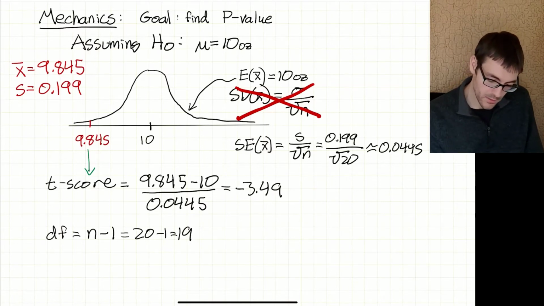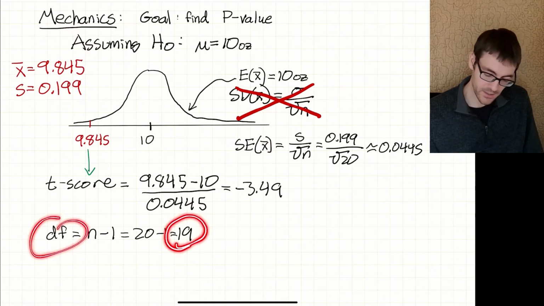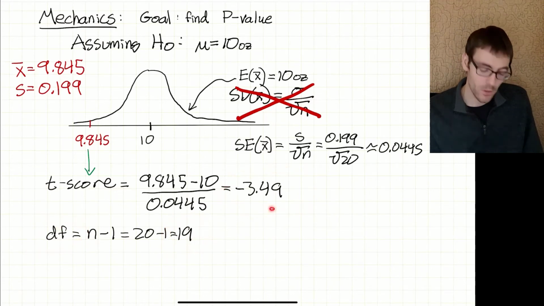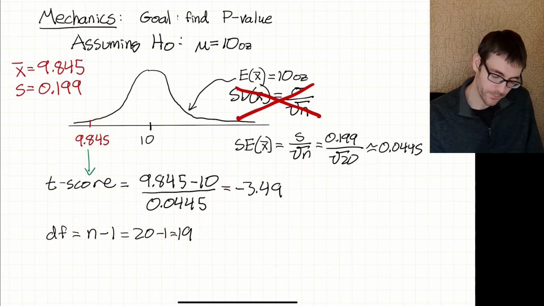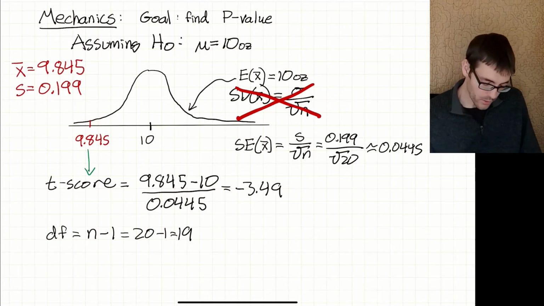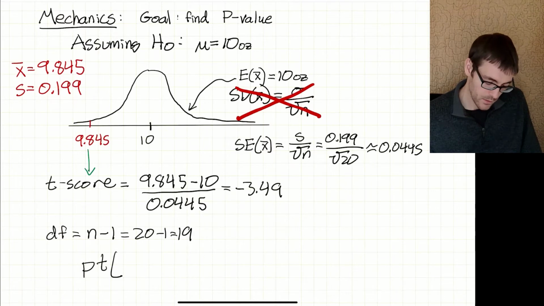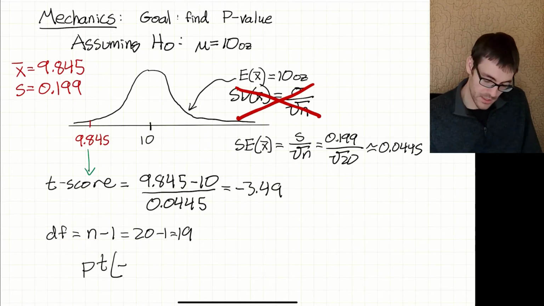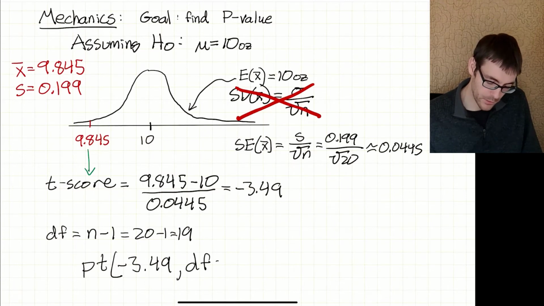So the fact that our degrees of freedom is 19, together with our t-score, will allow us to find this probability. If we're using R, the function is pt, rather than pnorm, of the t-score in question. But then we also have to specify the degrees of freedom. So in this case, our degrees of freedom is 19.